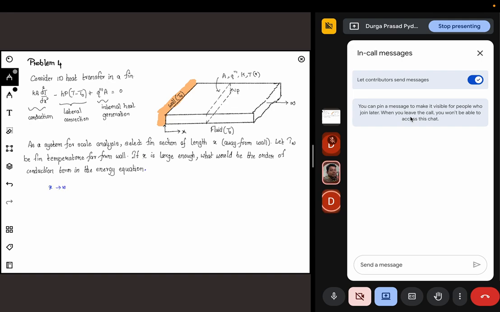If x is very large, then what will be the order of T? What will be the order of temperature T, not heat?